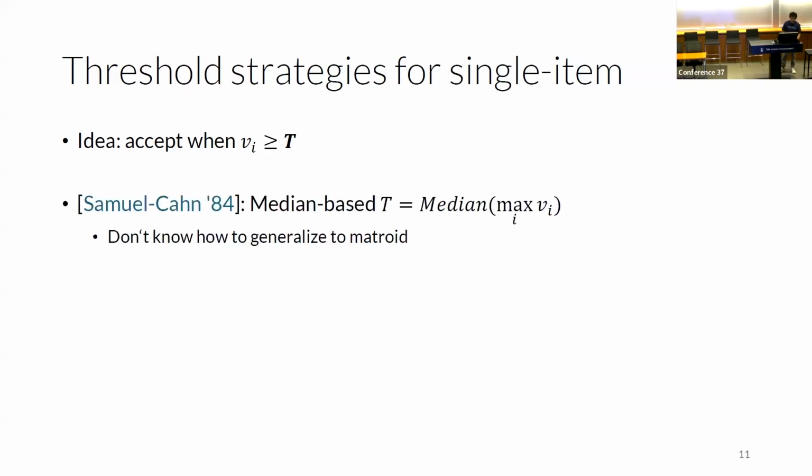The idea is to set some fixed threshold T, and upon each arrival of items, we accept an item if and only if its value is greater than the threshold T. It is known that we can use median-based thresholds, which is simply the median of the maximum value over these items. The problem with this type of method is that we don't really know how to generalize those median-based thresholds to the Matroid setting.